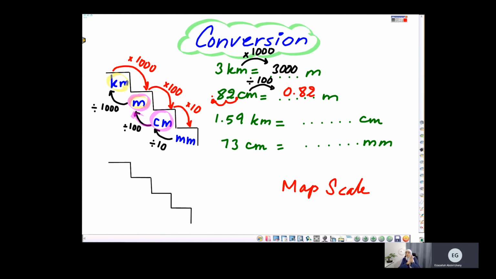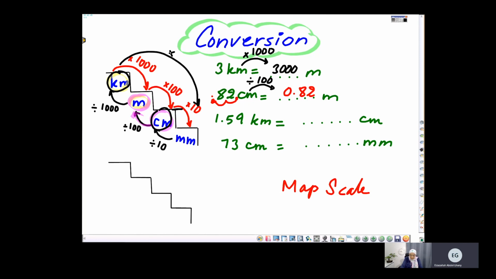So we make it smaller. We make distances in kilometers into centimeters in order to make it smaller to draw. So from kilometer to centimeter, you have to skip a step. Let's see. You will skip from kilometer to centimeter like this.